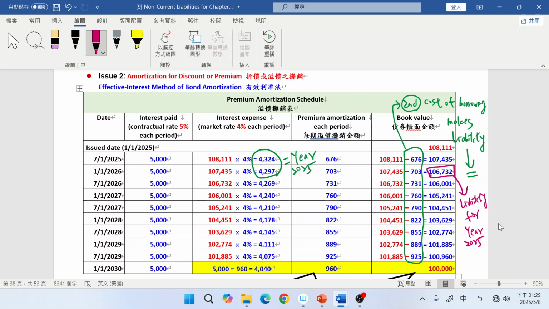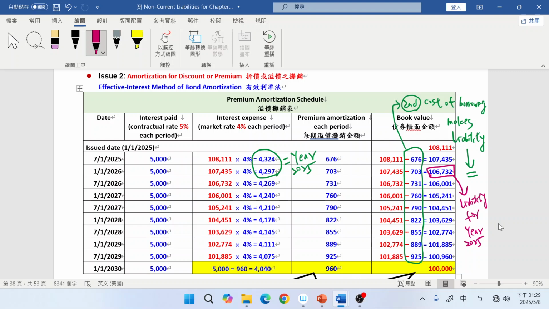No problem? So this is the practice. We asked you to finish it last week, right? But today, I help you review the practice. At the same time, don't forget the second cost of borrowing. Will the second cost of borrowing make your liabilities increase or decrease?